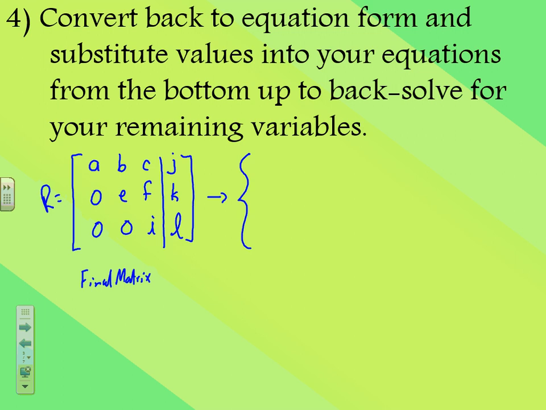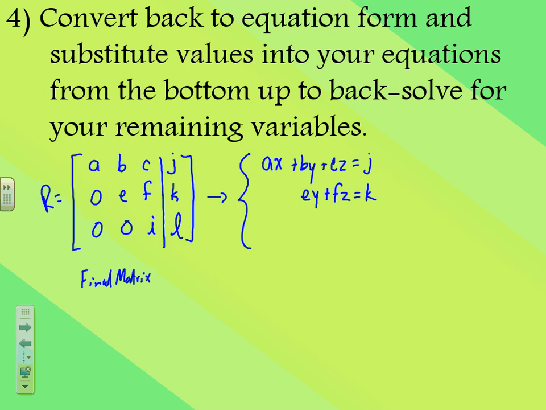The first row would give me an equation that says ax plus by plus cz is equal to some number j. And if you notice, nothing at all ever changed in row 1. Everything was the same. Row 2 gives me a new equation that says ey plus fz is equal to whatever number k is.